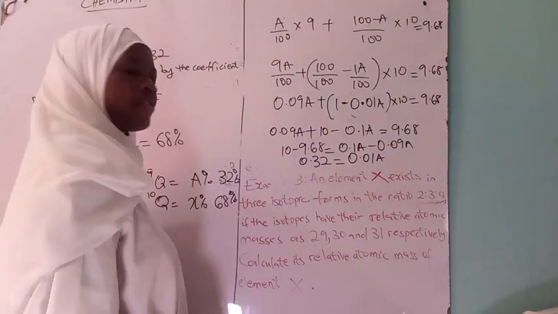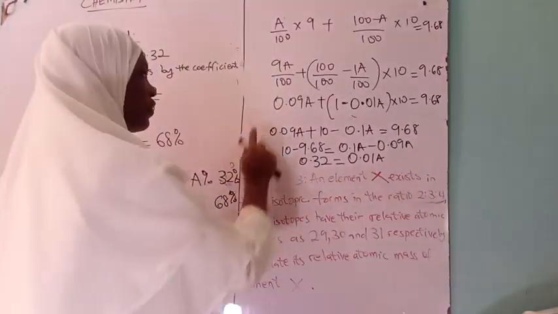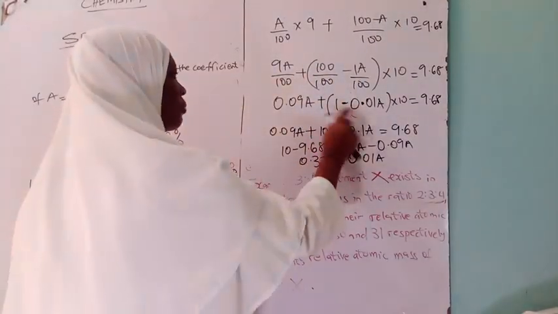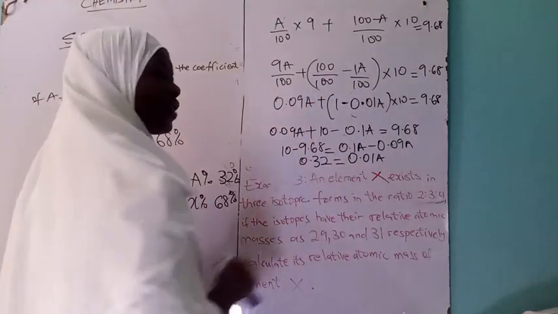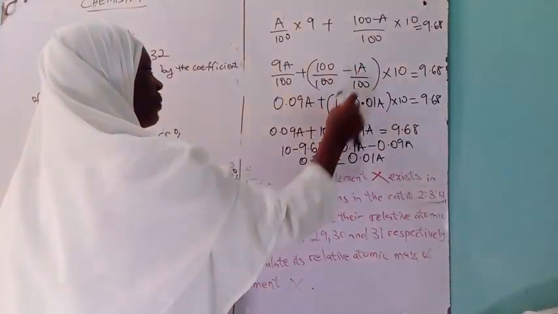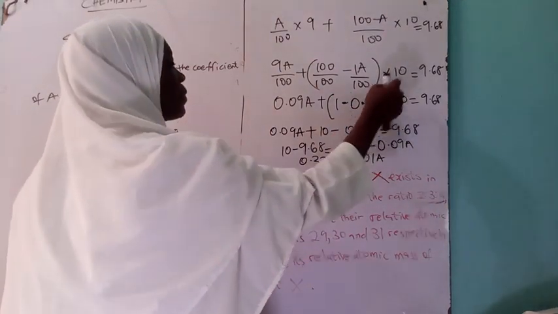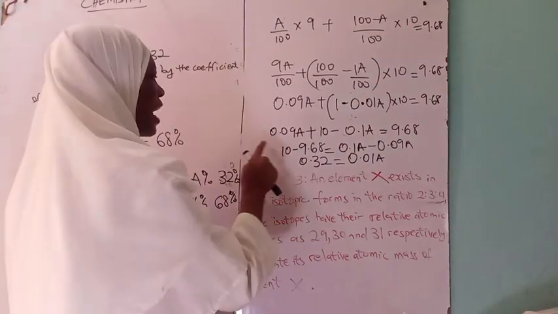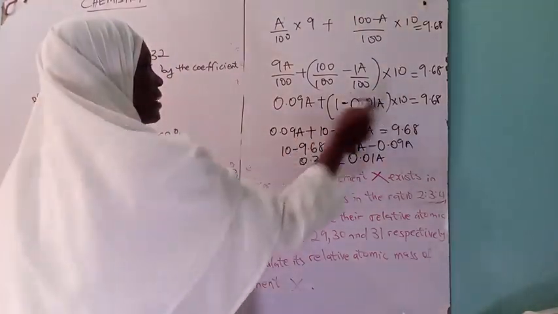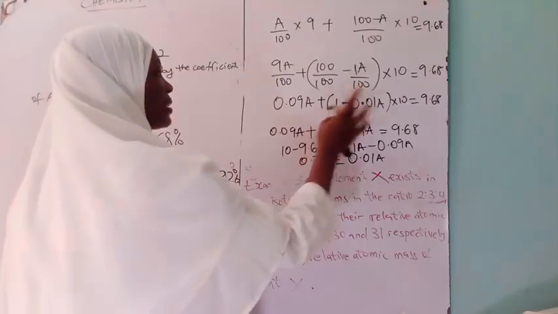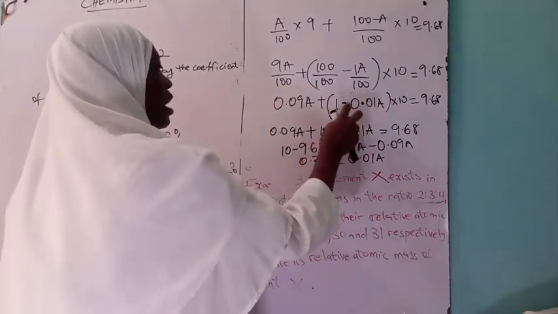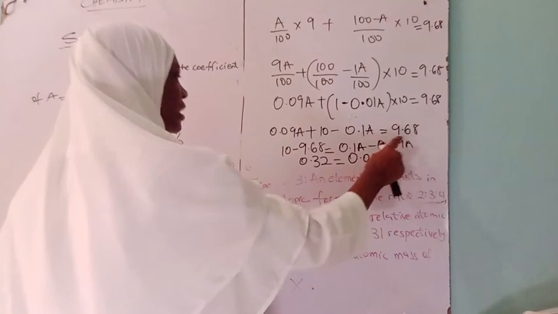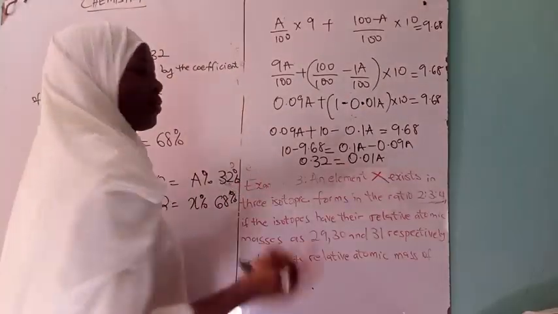9 times A gives us 9A over 100 plus 10 times the fraction, which gives us 100 over 100 minus A over 100, times 10 equals 9.68. Now the coefficient, 9 divided by 100, gives us 0.09A plus 100 divided by 100 is 1, minus A, the coefficient of A here is 1. We then have 1 divided by 100, that is 0.01A, times 10. We open the bracket: 10 times this gives us 10 minus 0.1A.